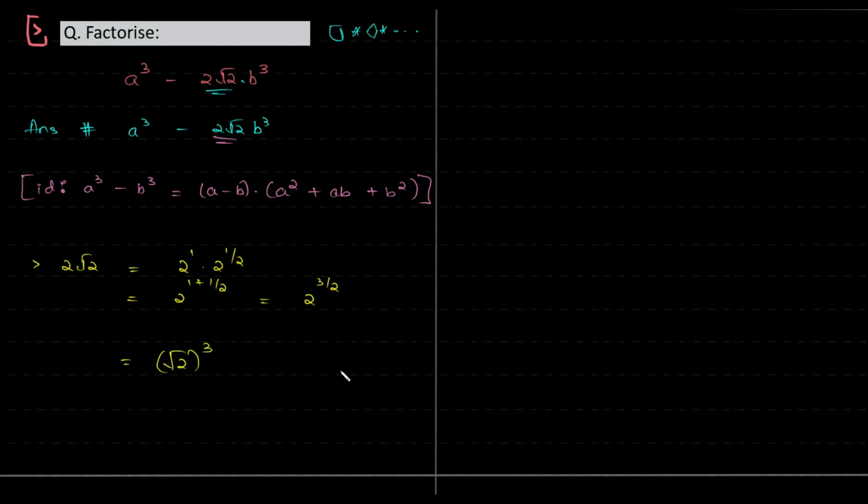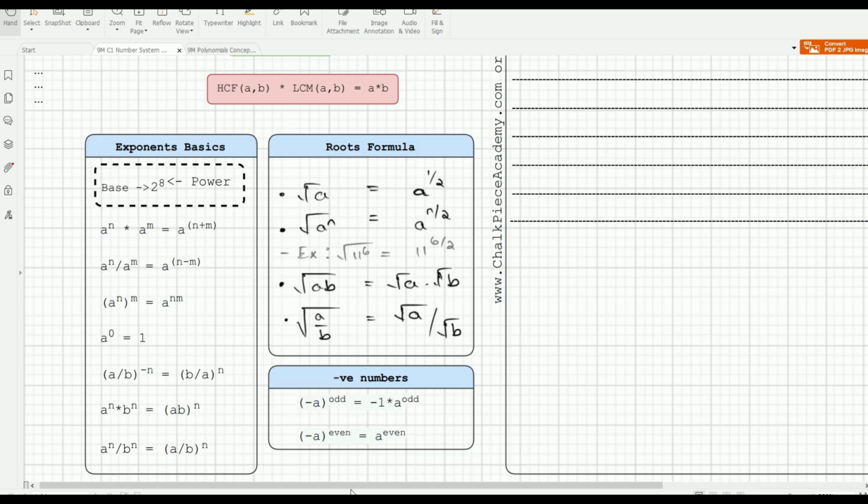Do you agree? Because root of any term raised to the power of anything, doesn't matter, can be written as a to the power of n by 2. Now we are looking at it the opposite way. See, with a small set of information, we are able to do all the questions.